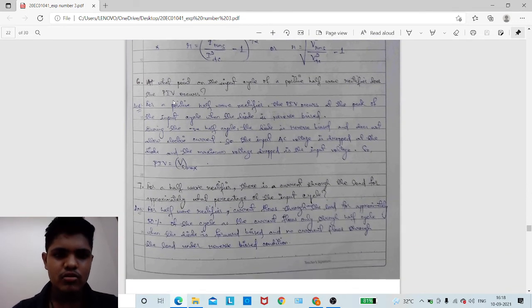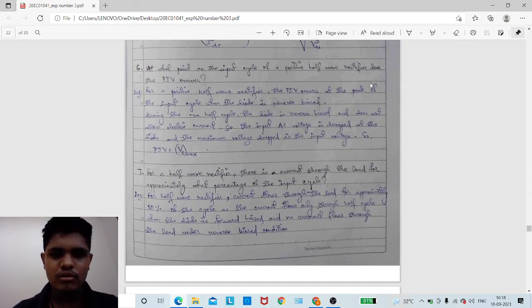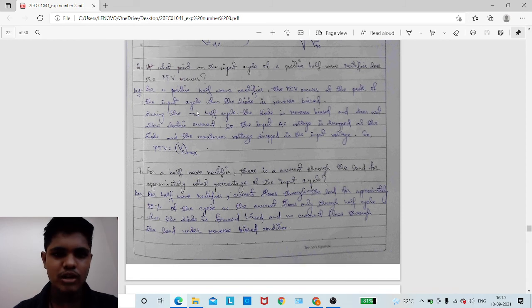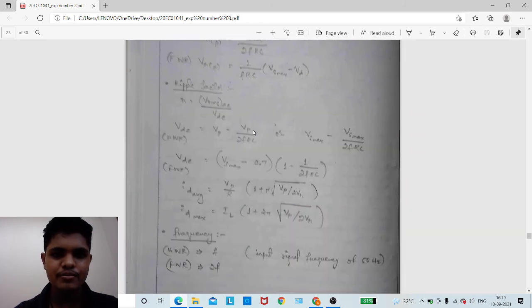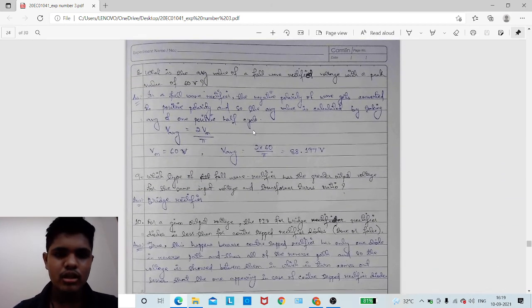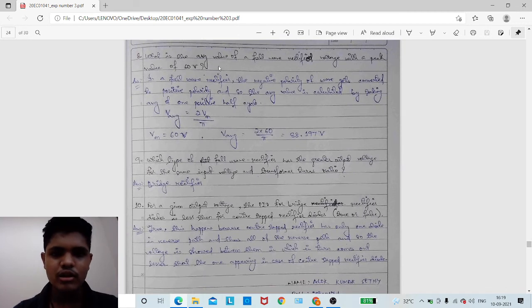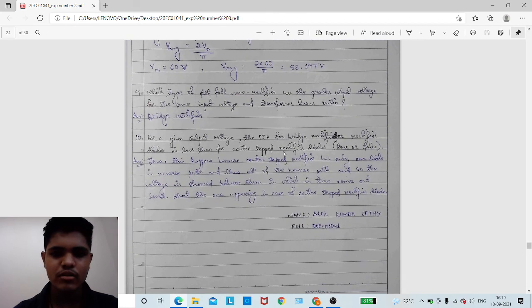Then the questions: at what point of the input cycle of a positive half wave rectifier does the PIV occur? For a half wave rectifier, there is current through the load for approximately what percentage of the input cycle? And what is the average value of a full wave rectifier voltage with a peak value of 60? We use the formula 2Vm divided by pi, and we get the V average as 88.197 volts.